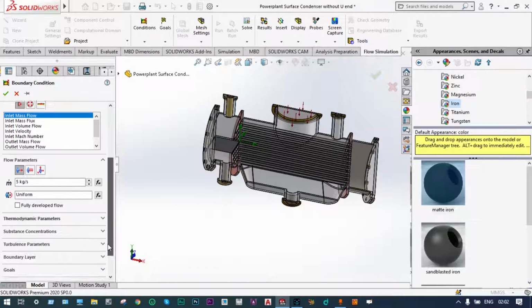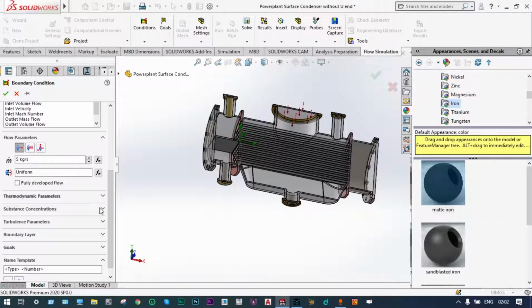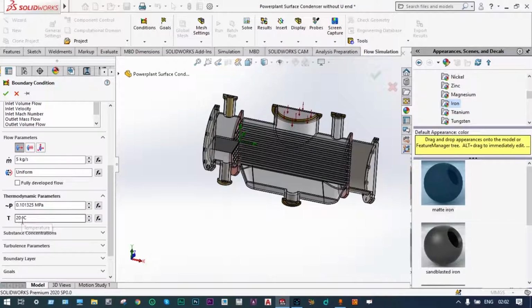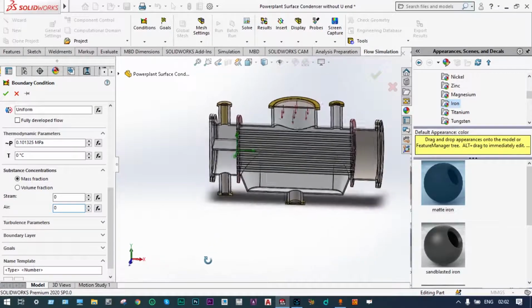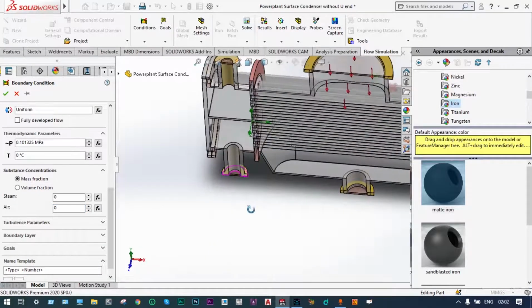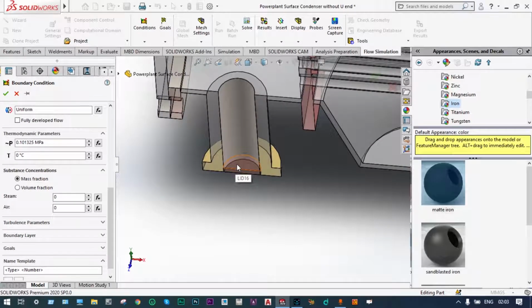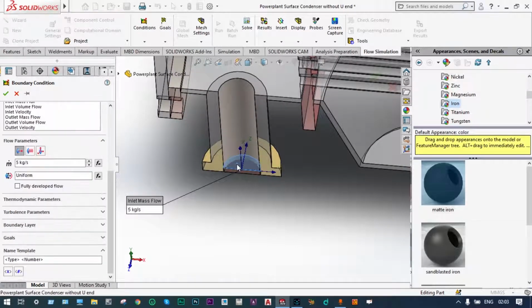Let us provide cold water at 0 degrees centigrade, and substance concentration, it will be 100% of water. So we're considering concentration of air as 0 and steam also 0. So we're supplying water from this location at a rate of 5 kg per second, and temperature of water will be 0 degrees centigrade.